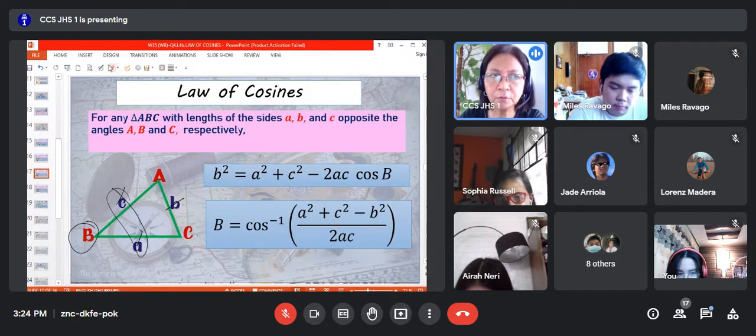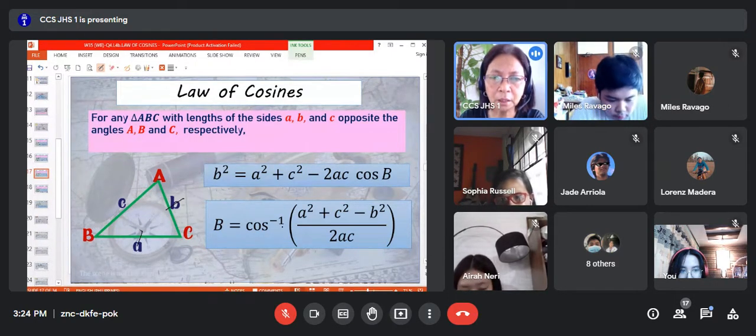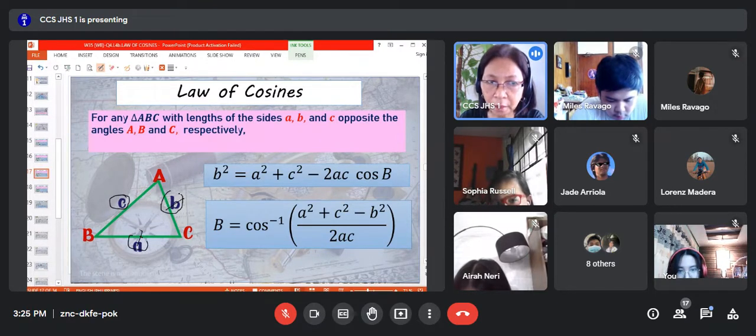If you want to solve for angle B, it will be the inverse cosine of the sides adjacent to angle B first. Square them: A squared plus C squared minus B squared, all over 2AC.